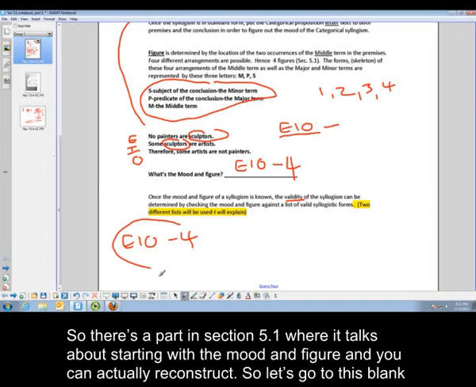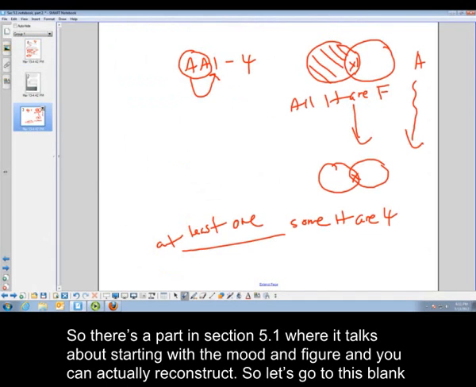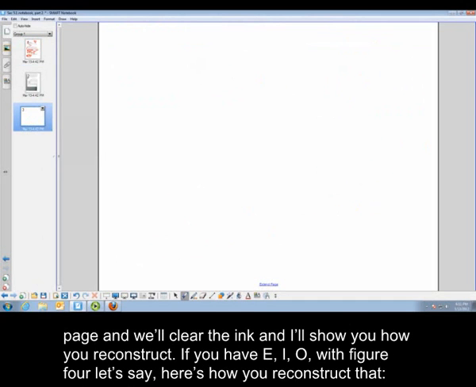So there's a part in section 5.1 where it talks about starting with the mood and figure, and you can actually reconstruct. So let's go to this blank page, and we'll clear the ink, and I'll show you how you reconstruct. If you have E-I-O with a figure 4, let's say, here's how you reconstruct that.